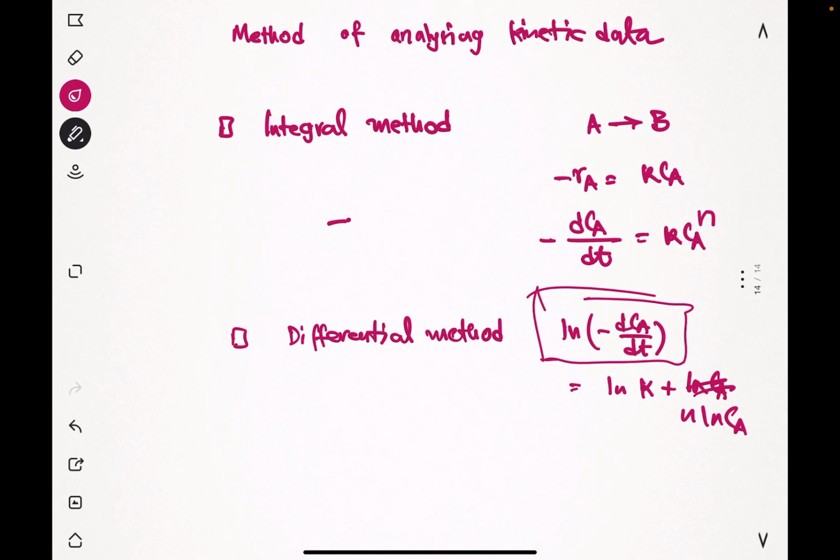And if the accuracy of the experimental data is not good, then that error actually amplifies when we calculate this term.